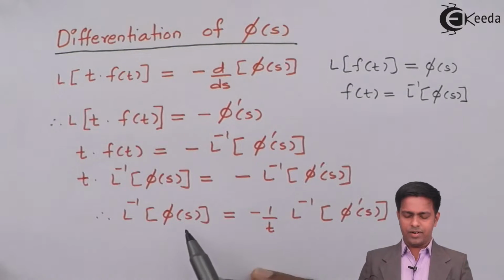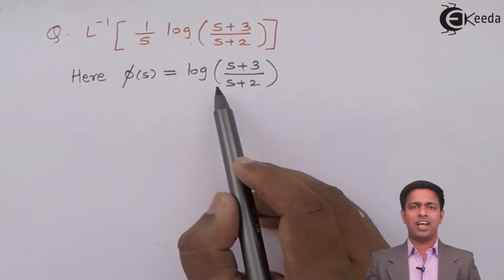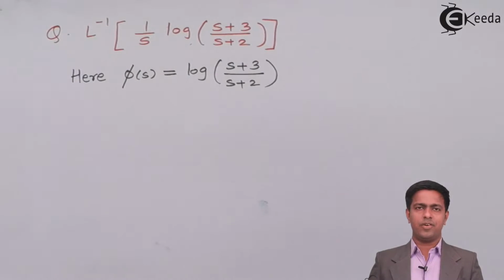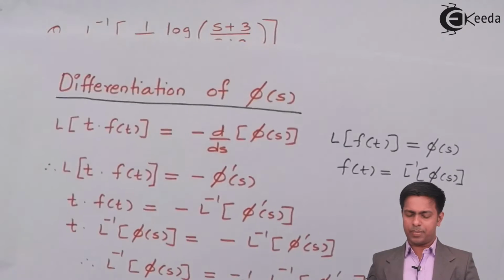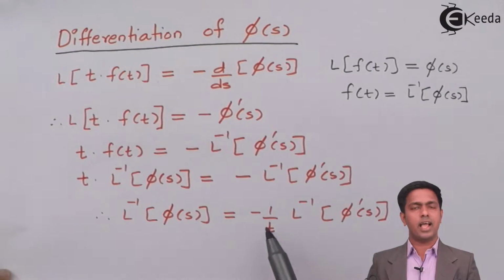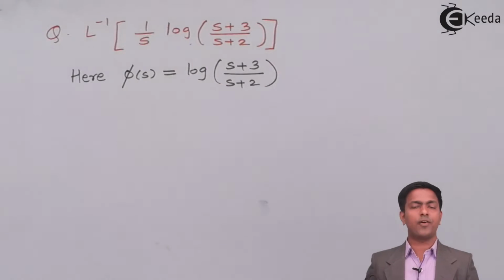So here phi of s is this log term. What I'll do is find the derivative of this phi of s, which is phi dash of s, and then find the inverse Laplace transform of that derivative. We will multiply it by minus 1 by t, and we will get the value of the inverse Laplace transform of the given function phi of s.